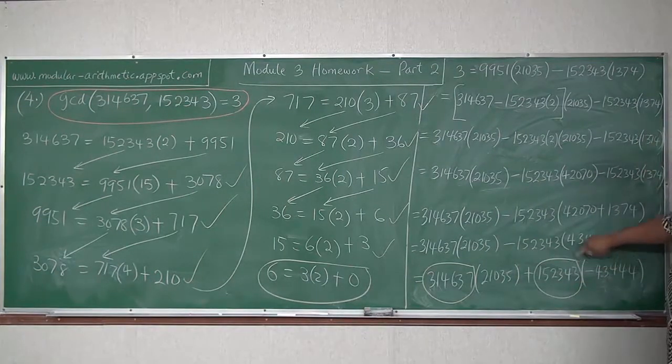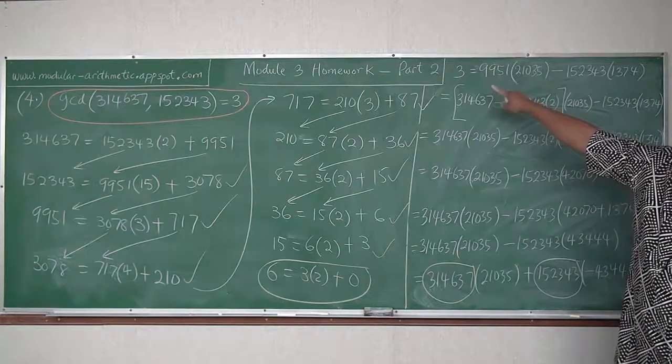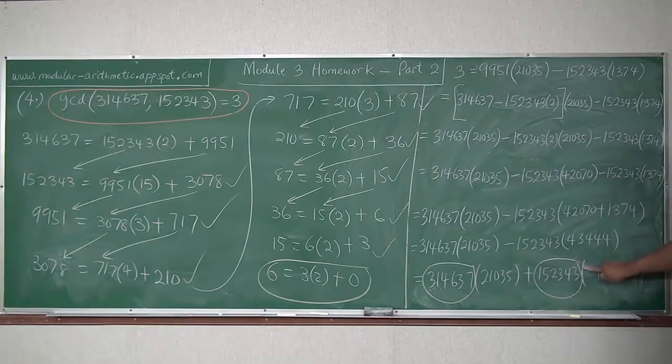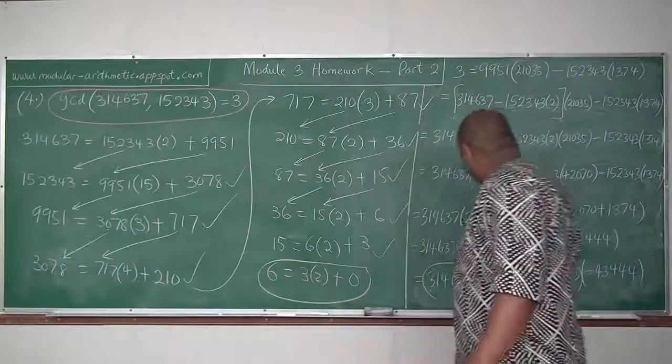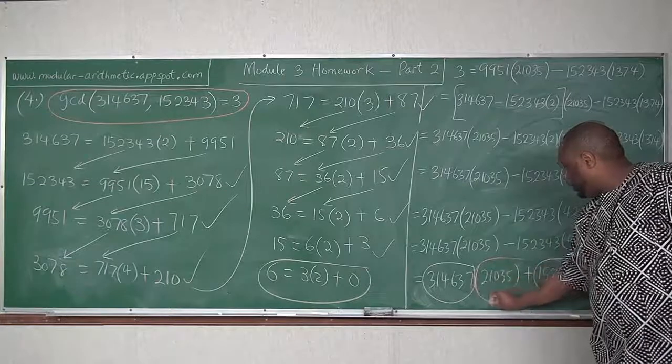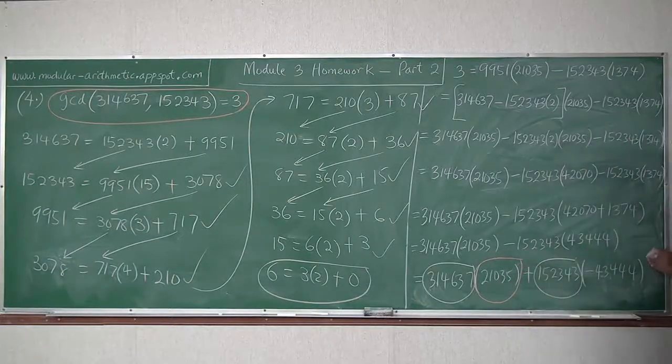Yeah. And this is our greatest common divisor, GCD, 3. Now, what they are asking us now are the coefficients. So, the coefficients that they are asking us is this right here and this right here. Okay?